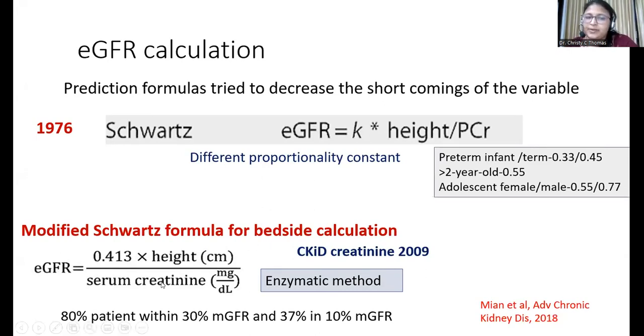But you should also remember that the creatinine in this equation was estimated by the enzymatic method, not the Jaffe method. The modified Schwartz formula is more accurate than the Schwartz formula. In 80% of the patients, the eGFR fell within 30% of the measured GFR when measured GFR is used as a standard. And in around 40% of patients, the eGFR fell within 10% of the measured GFR.